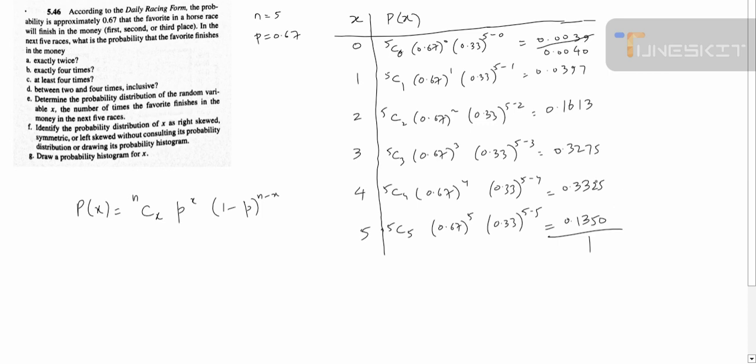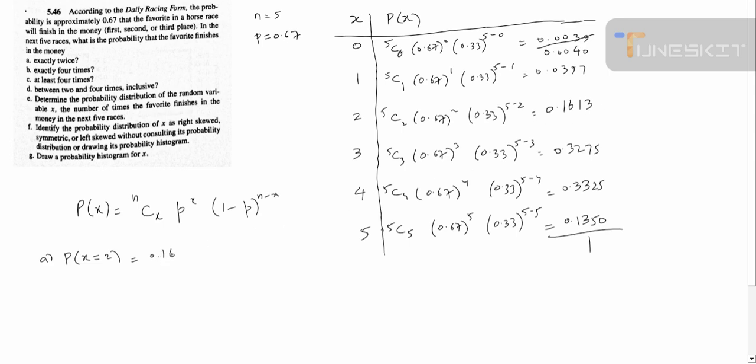Now what we are asked for in part A: part A can be written as probability of x equal to 2, because exactly twice is asked for. And we can just select this answer because we have worked it out already.